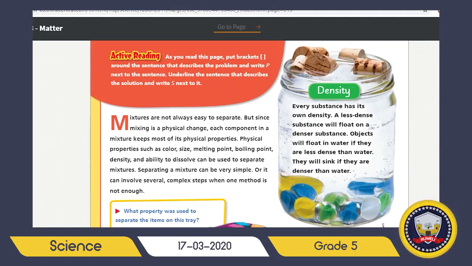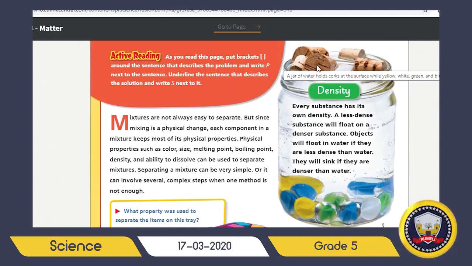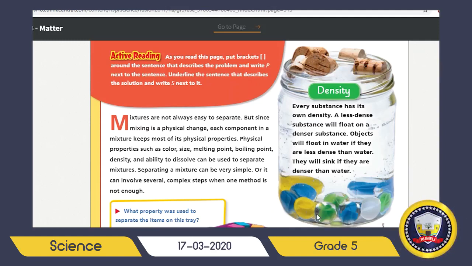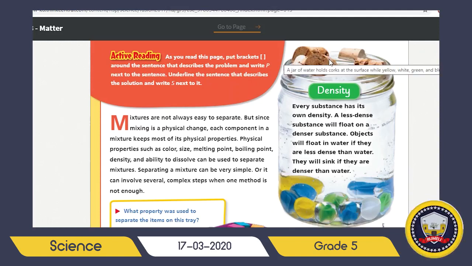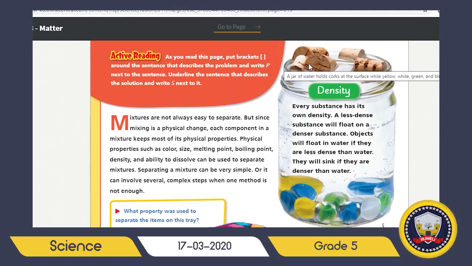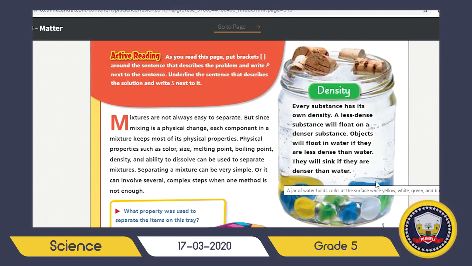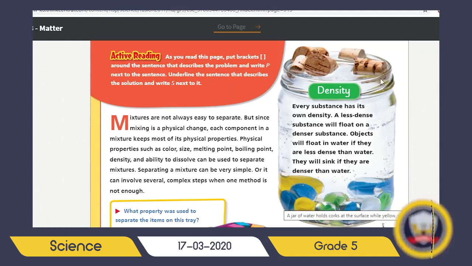What does it mean? For example, in this picture we have these corks and marbles. Marbles are made of glass, but cork is made of a less dense material. When we put this cork and marble mixture into water, the marbles will sink while the corks will float.